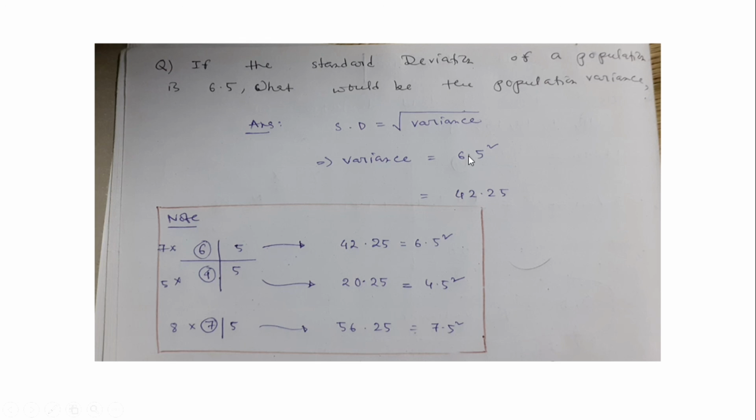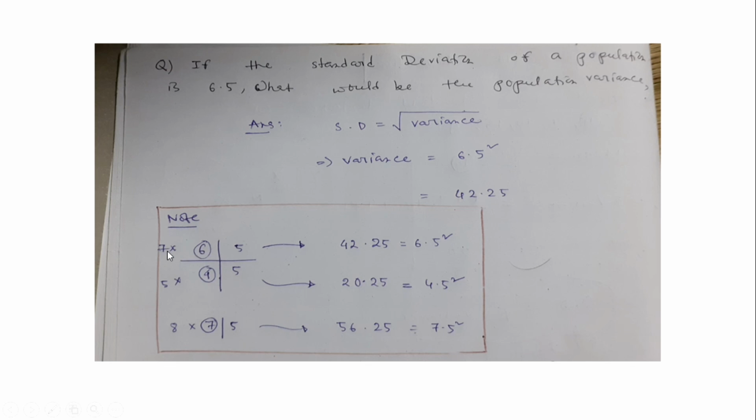If any number ending in 0.5 is there and we have to perform the square, then you can follow this trick. This is a very useful trick. Here is 6.5, so we write it like this, and then we will always get 0.25 after the dot. Before the dot, we take 6 into 7, that is 42.